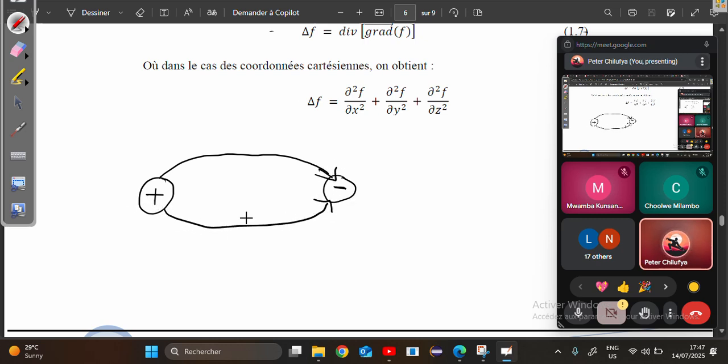This is how you represent the notation. So I've got a positive charge and negative charge, and therefore there will be an attraction. So here is an electric field.